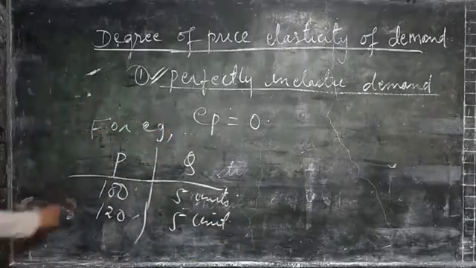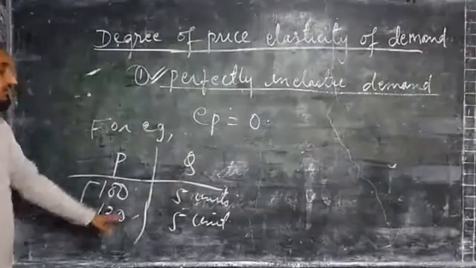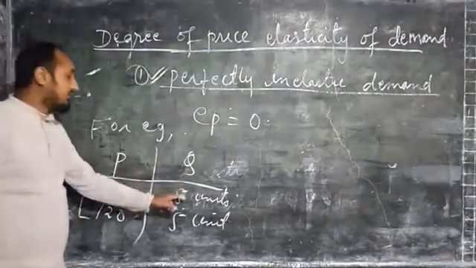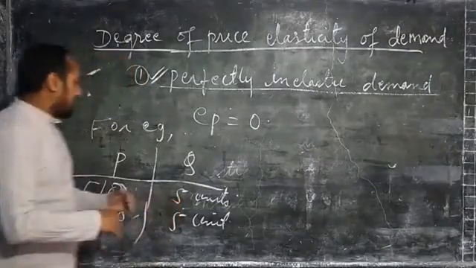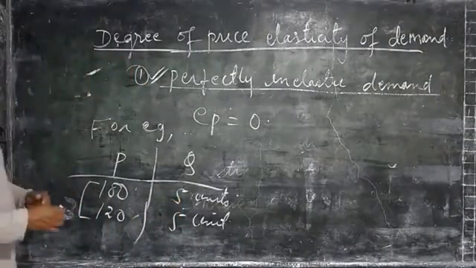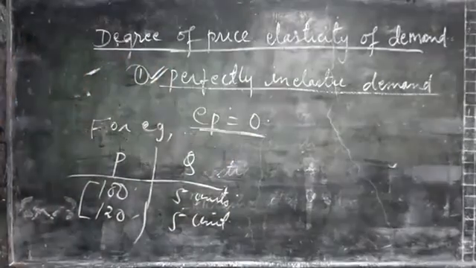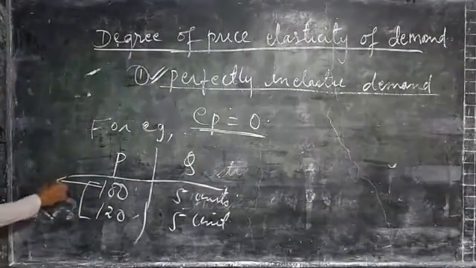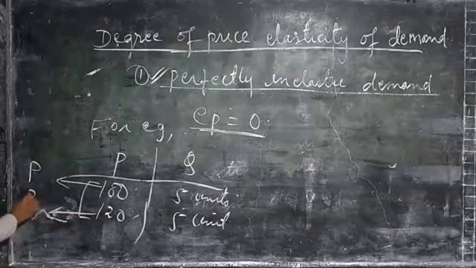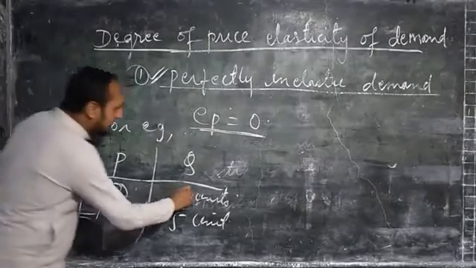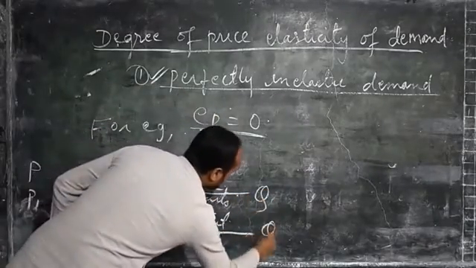So the price is changing from 100 to 120, but the quantity demanded remains the same, 5 units. This can explain how we get the value EP equals 0. Let's consider the initial price as P and 120 as P1, the 5 units as Q and the next one as Q1.